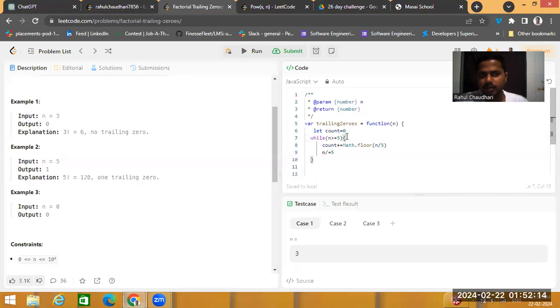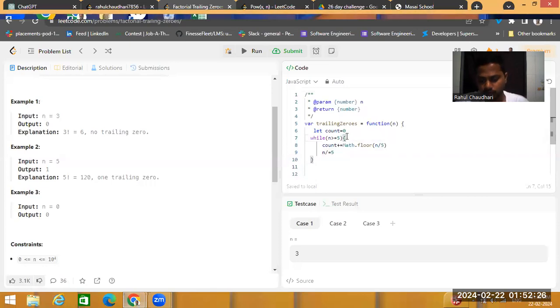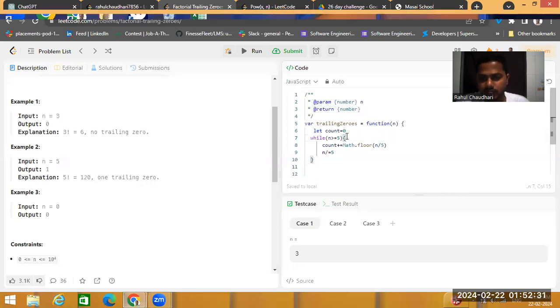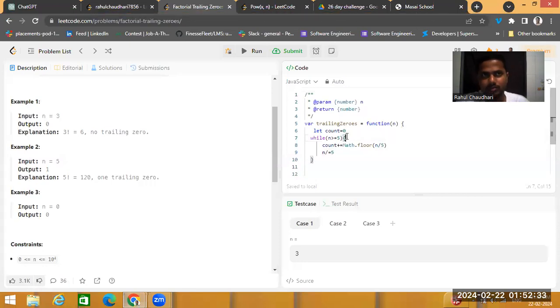But it might give an error and not pass all test cases because sometimes the numbers are much bigger. In this case, it will not work because JavaScript takes only a limited length of numbers, right? After that it will not consider them. So we need to convert into BigInt.